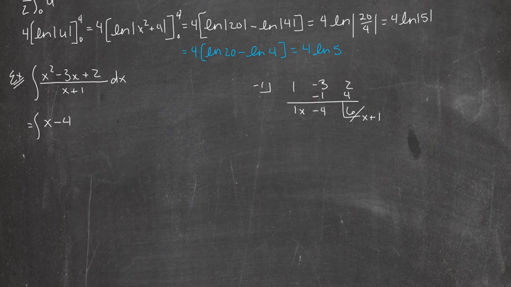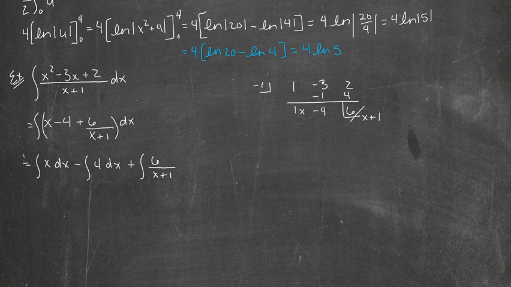So x minus 4 plus 6 that still needs to be divided by x plus 1, all of this dx. And now it's super easy to work with because I'm just looking for the integral of x dx minus the integral of 4 dx plus the integral of 6 over x plus 1, simple substitution, dx.